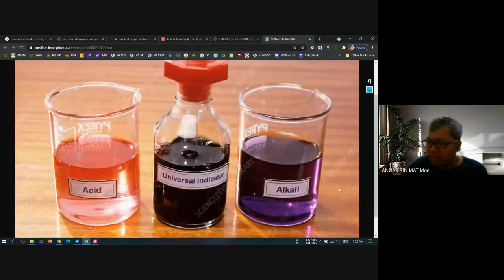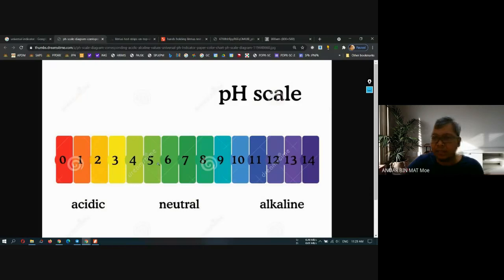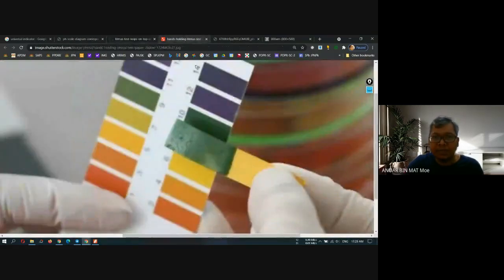The only difference is pH paper uses a piece of paper, but universal indicator uses a solution. When you put a few drops of universal indicator into a solution, it will change the color. Then you must match the color that changes to its scale here, just like pH paper.